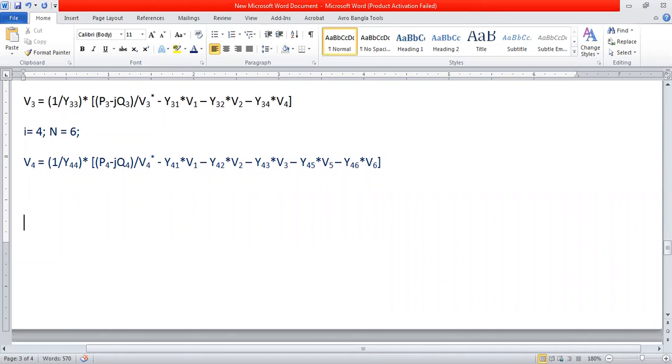That is, V2, the voltage of bus 2, in the second iteration, this is the value of k, the second iteration, minus the value of the first iteration.